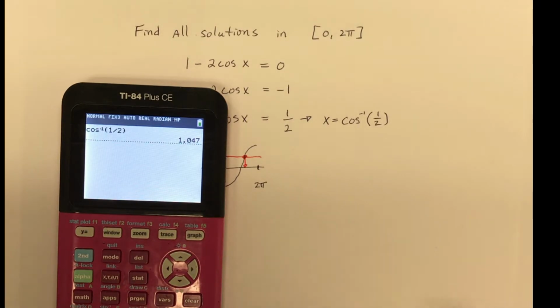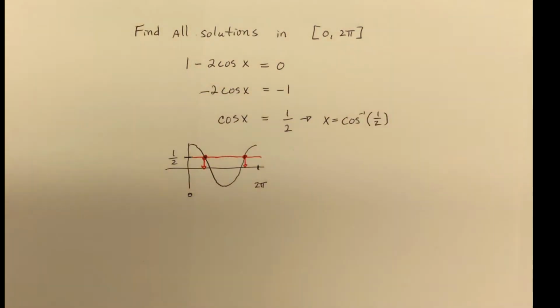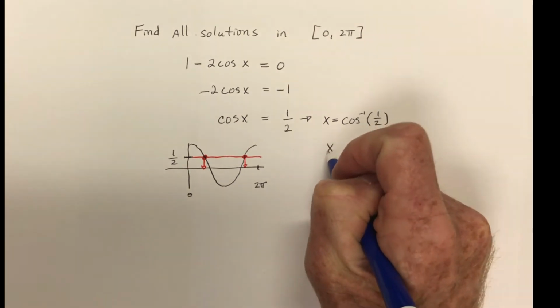But that's probably pi over something, or some fraction of pi. To find out what fraction, you divide that by pi and ask the calculator, what fraction is that? So it's 1/3. So in other words, we just got the answer x equals pi over 3.